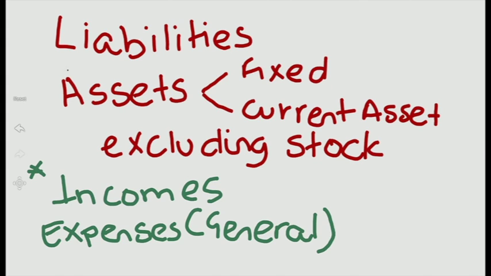The effect on our net profit: the effects of these errors. We have learned that there are errors that affect the trial balance, and there are errors that do not affect the trial balance. But all of these errors, if not corrected, will have an effect on our net profit.